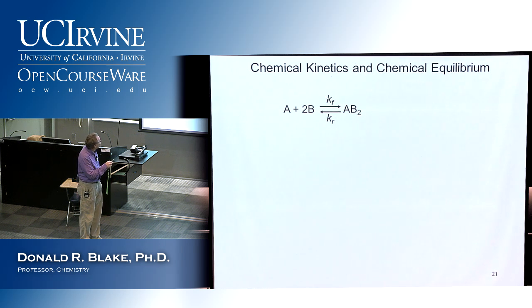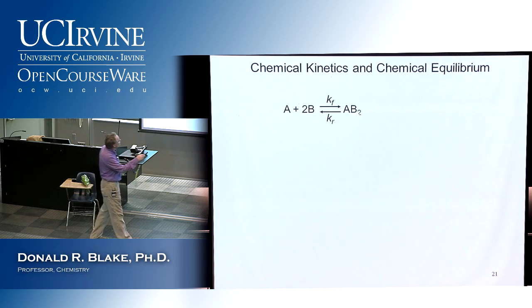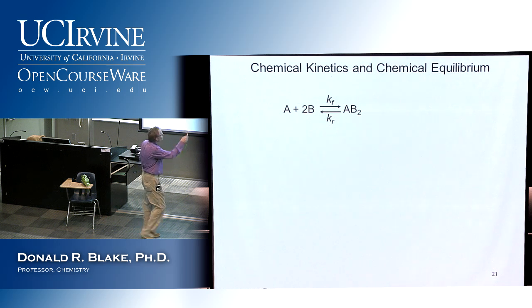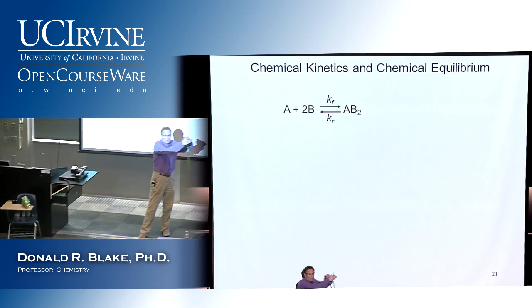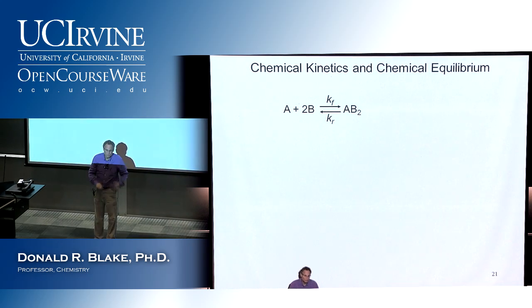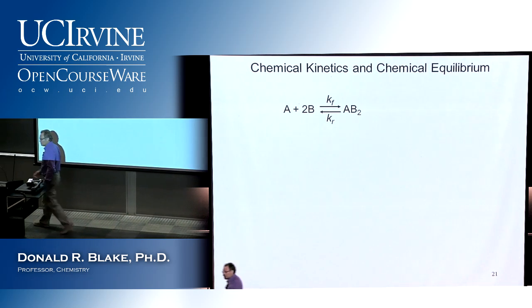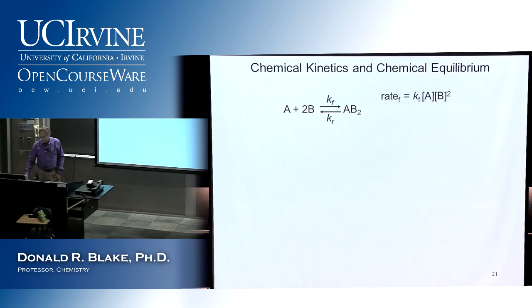So k sub f is the forward reaction. It's going to be k_f times the concentration that goes in this direction, and coming back is AB2 times the k reverse. So it's how fast it goes this way and this way. At equilibrium, they equal each other.